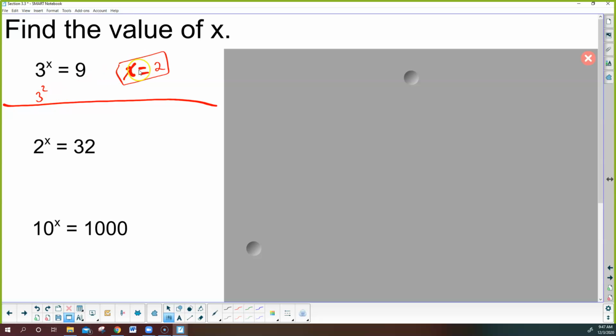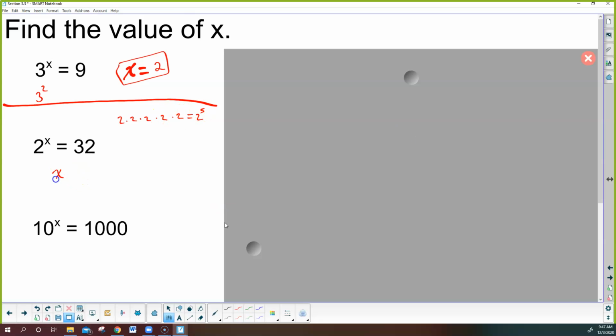and the only way we knew how to do them was guess and check, right? For number 2, what number for x, 2 to what power gives me 32? Well, 2 times 2 is 4, times 2 is 8, times 2 is 16, times 2 is 32. So this is 2 to the 1, 2, 3, 4, 5.